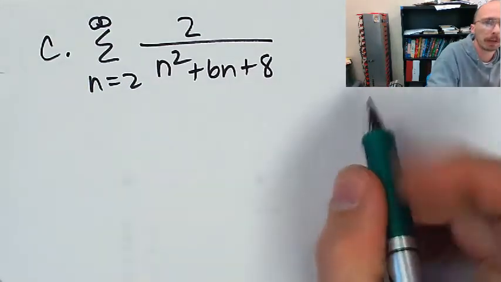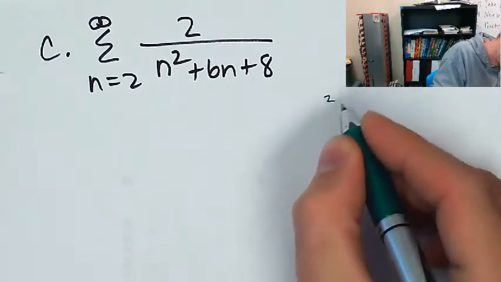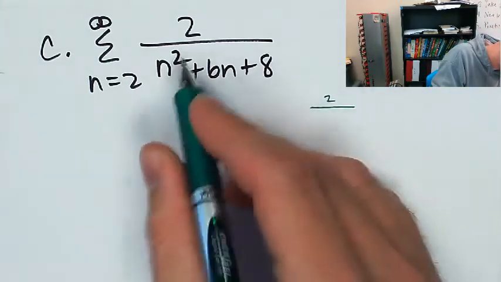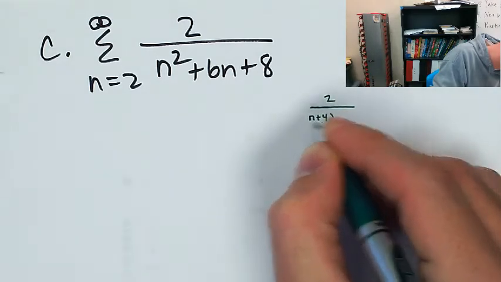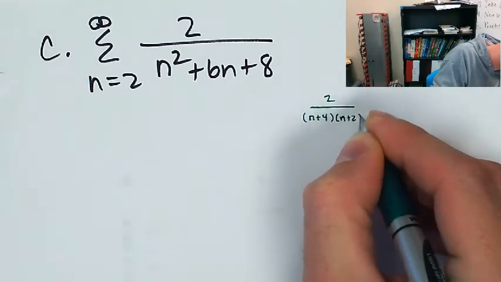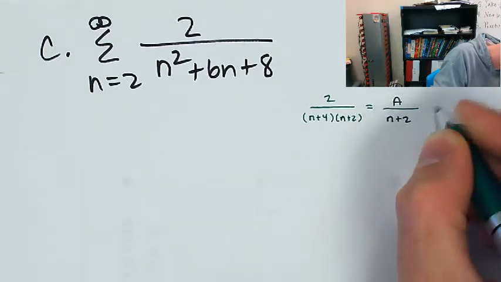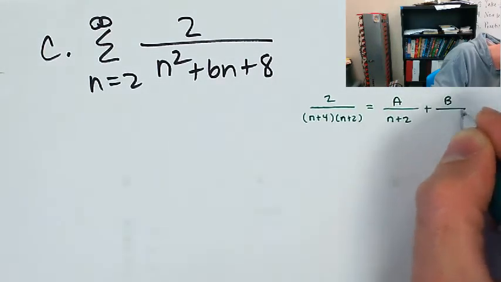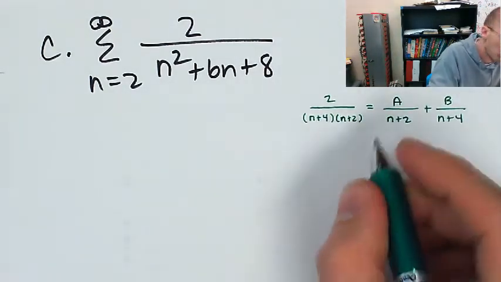Okay, so I'm going to go over here to do my partial fraction work. So I'm going to say that 2 divided by n plus 4 and n plus 2 will equal some number divided by n plus 2 plus some other number divided by n plus 4. Okay, I'm going to clear out the denominators.